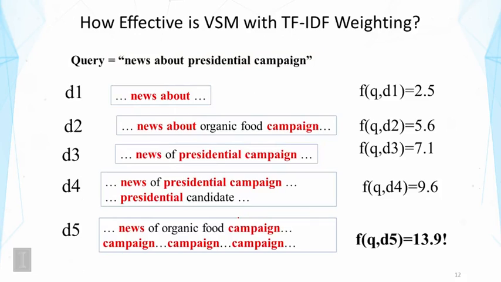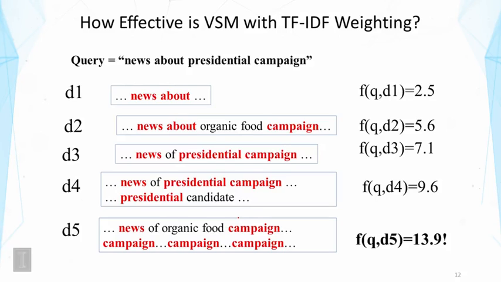So how effective is this model in general when we use TF IDF weighting? Well, let's look at all these documents that we have seen before. Right? So these are the new scores of the new documents. But how effective is this new weighting method and new scoring function? Right?